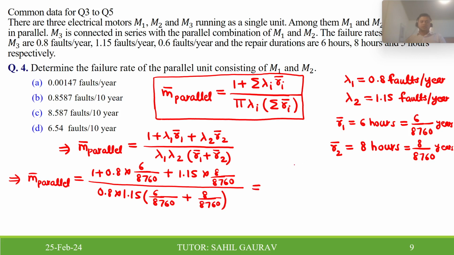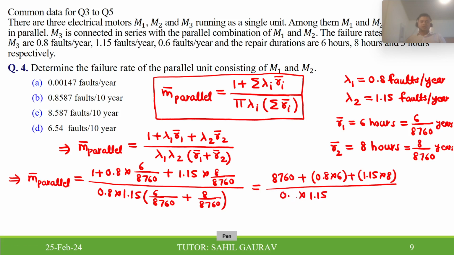So if you do simplification, then you will get 8760 plus 0.8 into 6 plus 1.15 into 8, divided by 0.8 into 1.15 into 6 plus 8, which is 14.